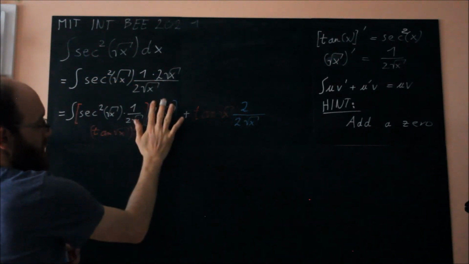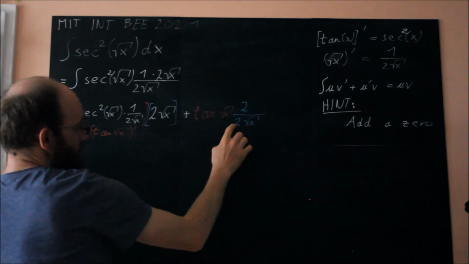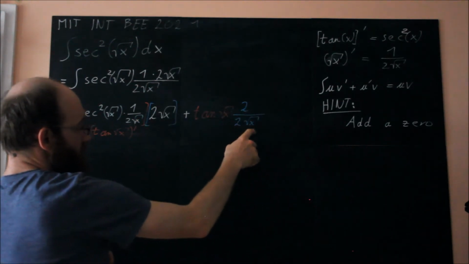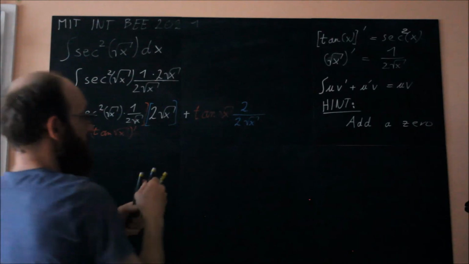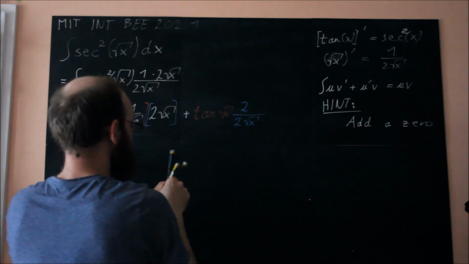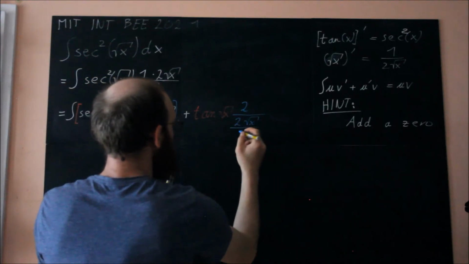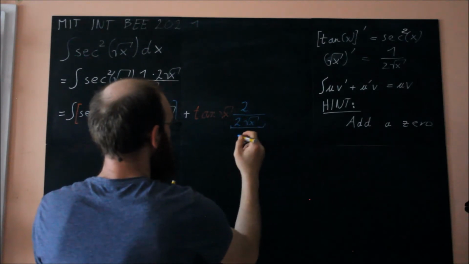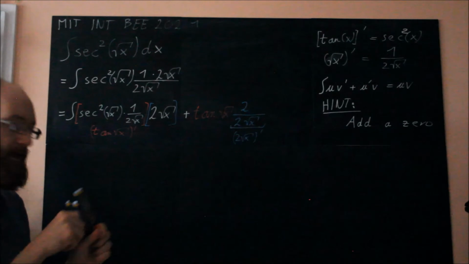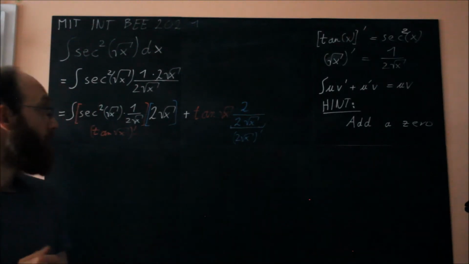So without the 2 it's 1 over 2 times square root of x. So the blue part is the derivative of 2 times square root of x, okay? Yeah, and why we do this?